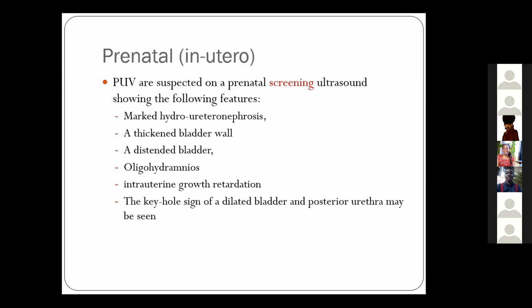Among these features are marked hydroureteronephrosis, a thickened bladder wall, a distended bladder, oligohydramnios, intrauterine growth retardation, and what we call the keyhole sign of a dilated bladder and posterior urethra may be seen. So these are the features, and if the woman has an ultrasonography, these features may be used to confirm the diagnosis of posterior urethral valves in utero.